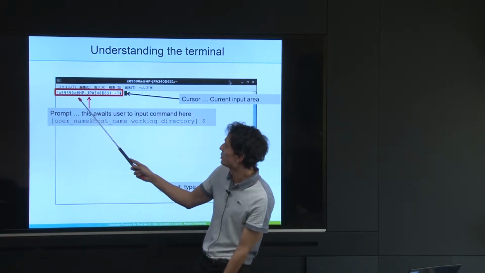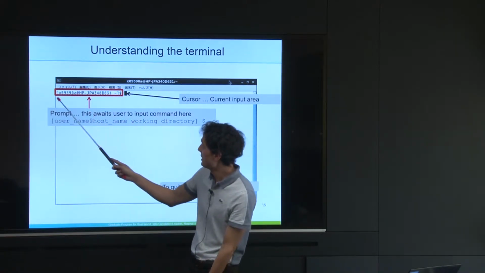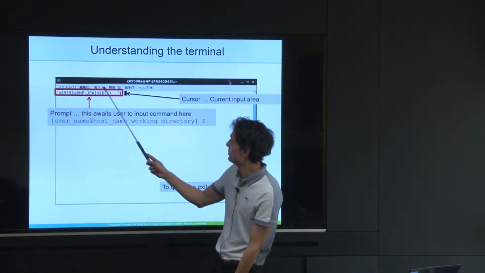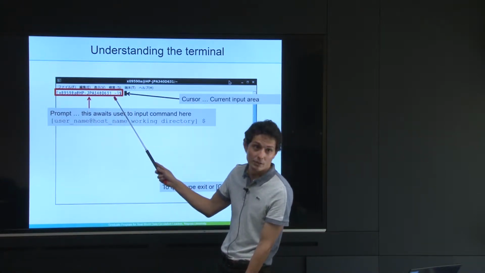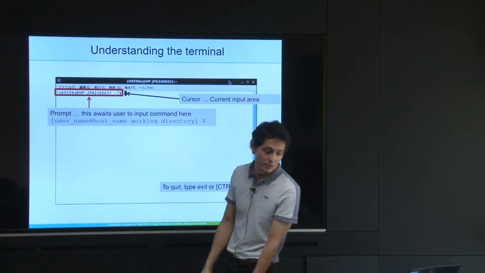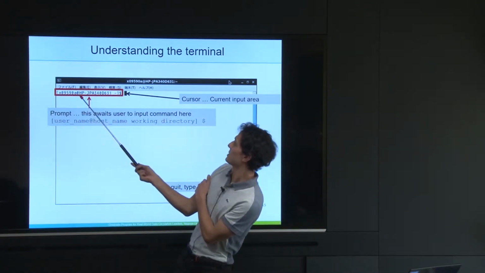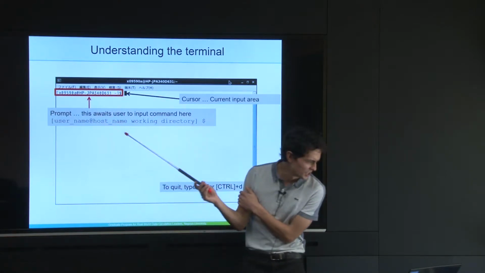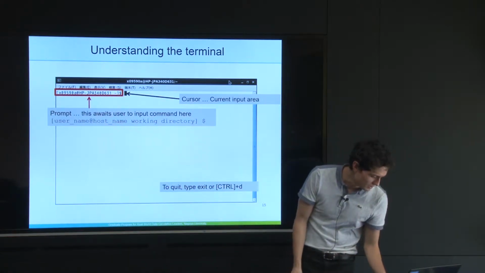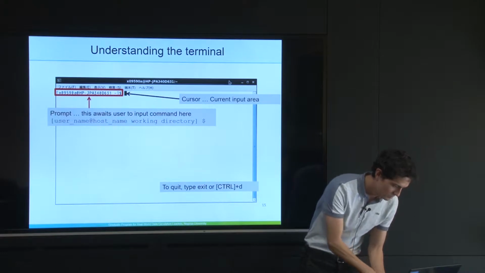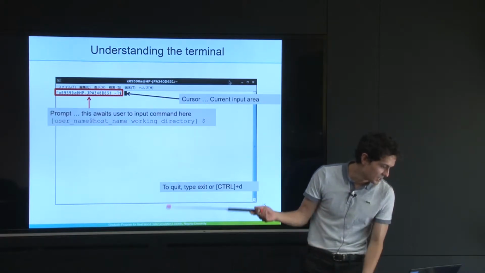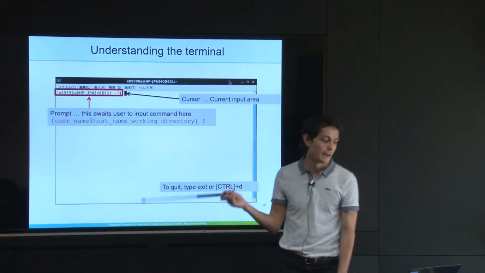The prompt should give you your username here, and then the machine name, and then the folder that you're currently in. Okay, so yours will look a little bit different. Yours looks something like DTH at DTH-PC or something like that.